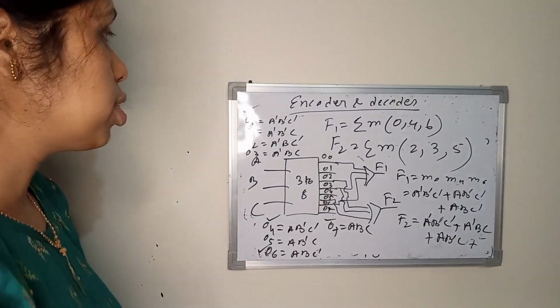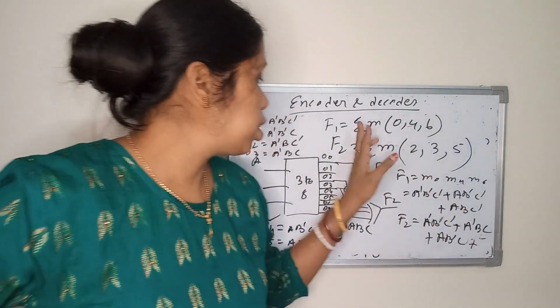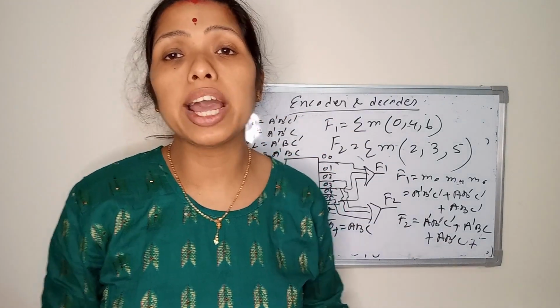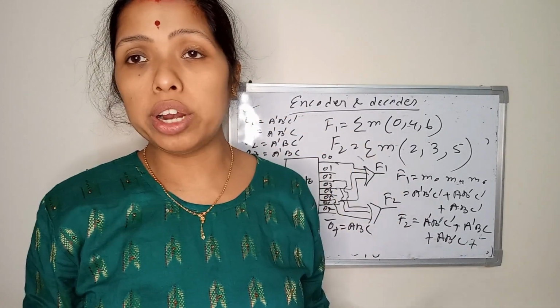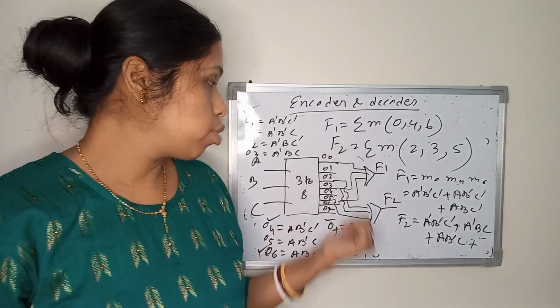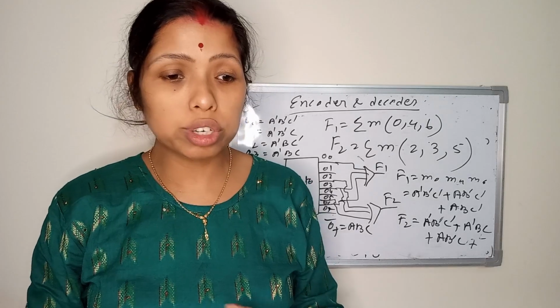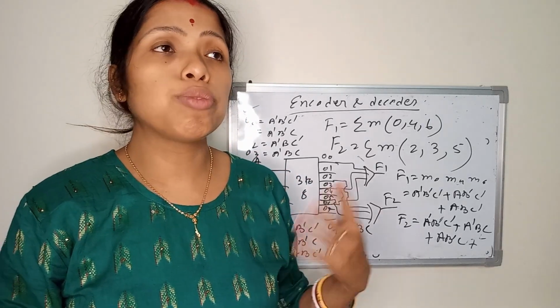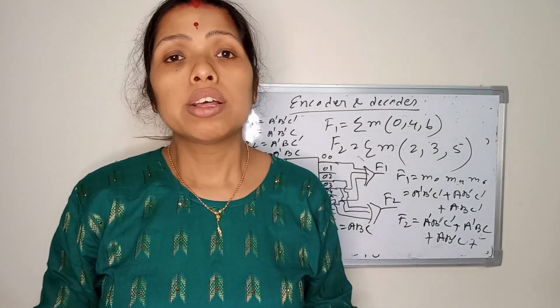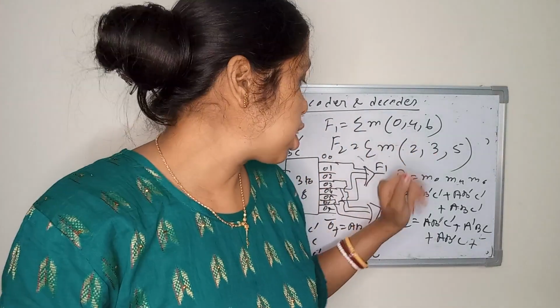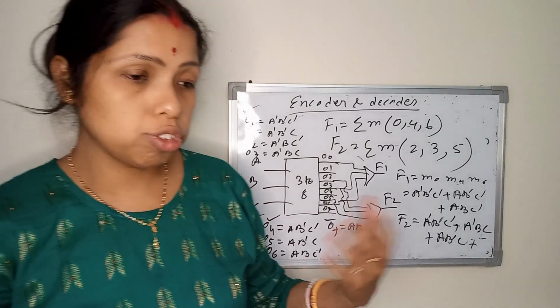So that means if you have any minterms and the variables are given, and f1 includes 3 variables, then you have to use the 3 to 8 decoder, and from the decoder outputs you will get f1 and f2. In this way you can design a Boolean expression using the 3 to 8 decoder or the 2 to 4 decoder.